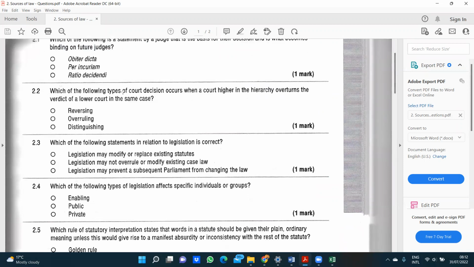Which of the following types of court decisions occurs when a court higher in the hierarchy overturns the verdict of a lower court in the same case? Overturns the verdict of a court of a lower court in the same case, all right? So what do you think? Reversing, overruling, or distinguishing?